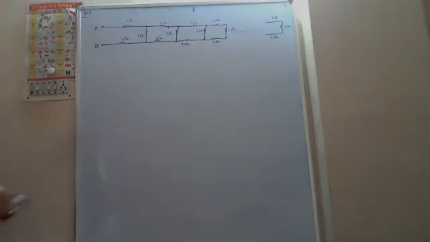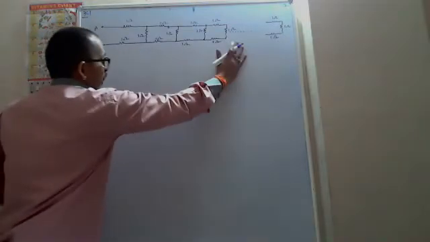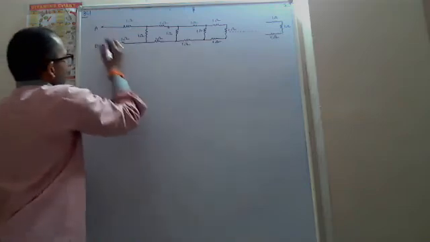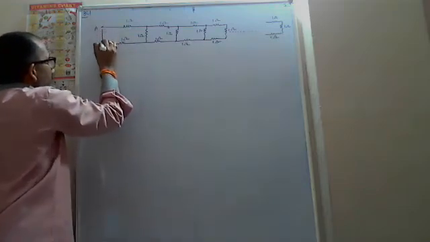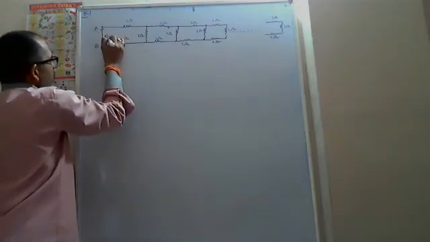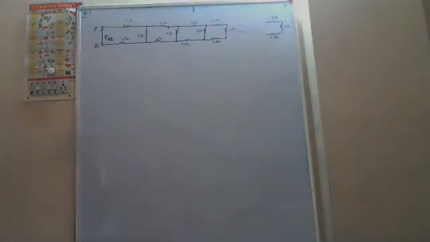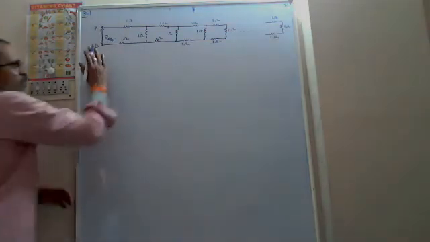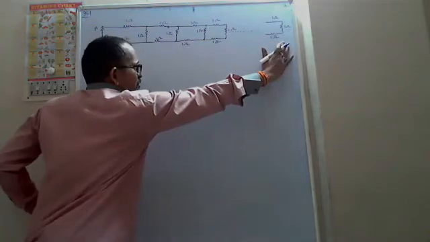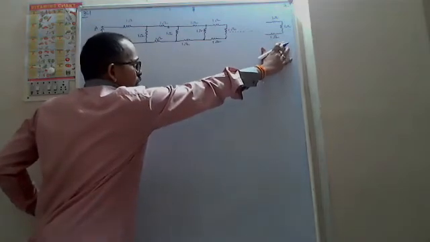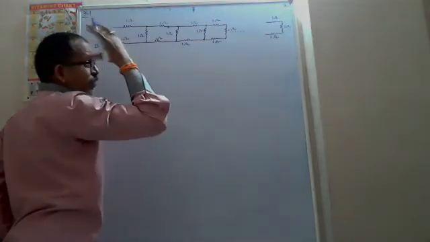In this case, what is the effective resistance between A and B? R effective is equal to how much? For this infinite ladder, I don't know the effective resistance.